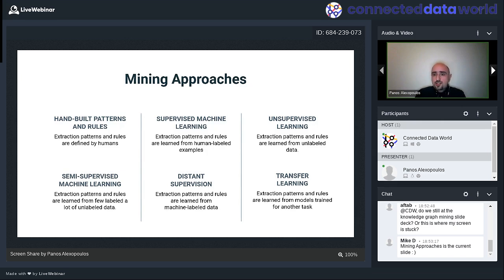There's also unsupervised learning, where the extraction patterns and rules are learned from unlabeled data. So we just take a large corpus of text and we apply some statistical and other machine learning based techniques that allow us to extract regular patterns between language.